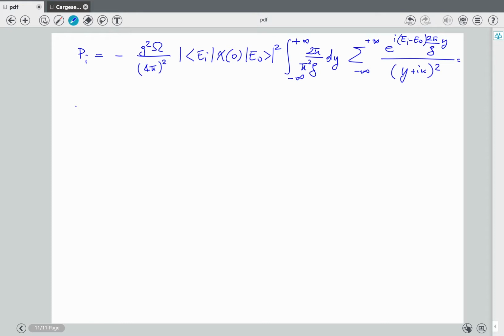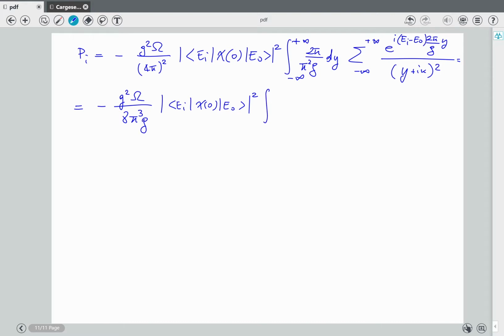So what do we get? Minus g squared omega. We have 2 and 16, 8. Then we have 4 pi's in the denominator and 1 pi in the numerator, so we have pi to the cube. We have a power g also. The modulus squared of ei chi0 e0, and the integral.